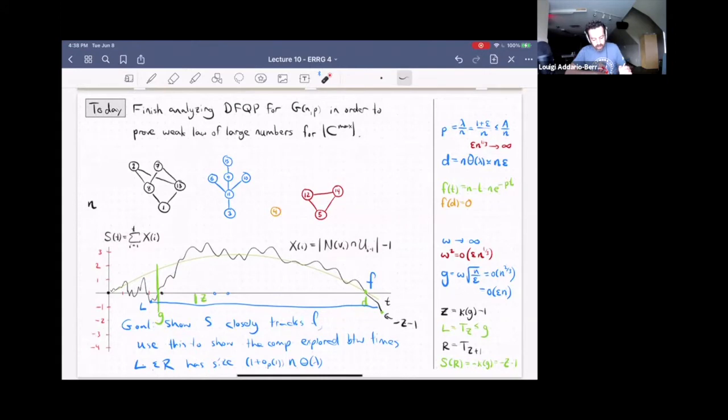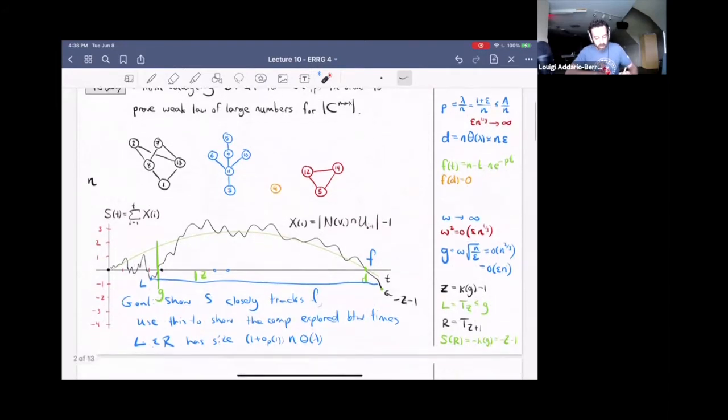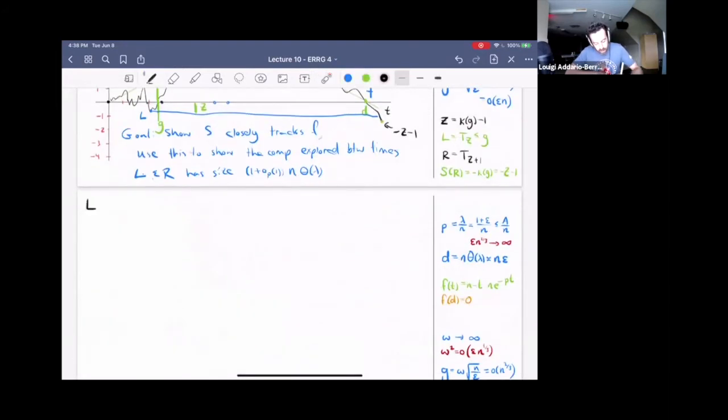And now last lecture, we already showed bounds on how closely S tracks F. So let me remind you of those. So last lecture, we saw that for all t, the difference between S and F up to time t was stochastically bounded by the sum of two errors.